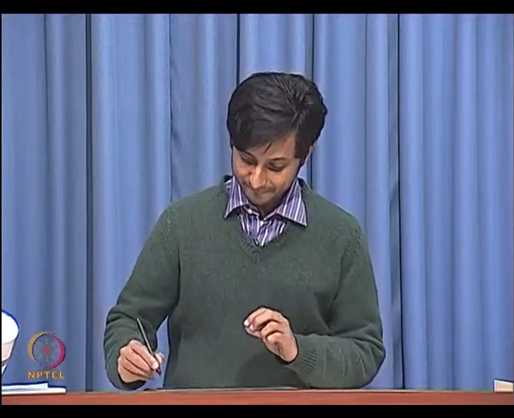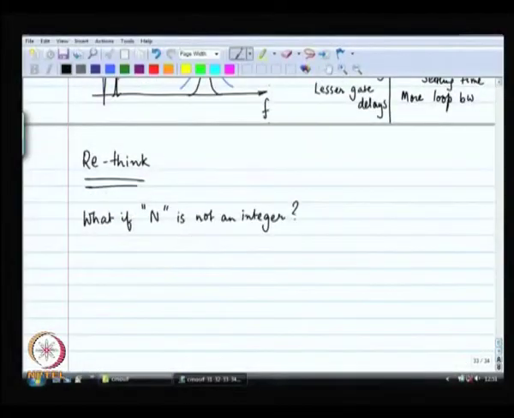So, I can do division by 90.1, I can do division by 90.2 and so on and so forth. In that case, my Vref could be 10 megahertz. So, think about this, right.